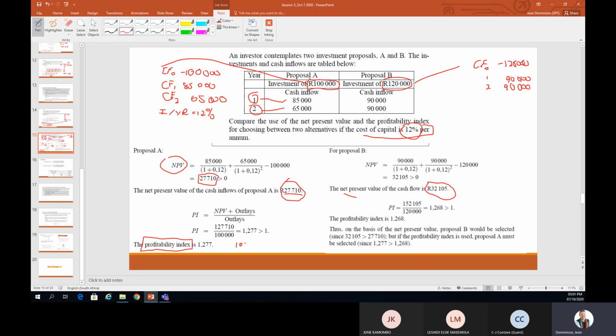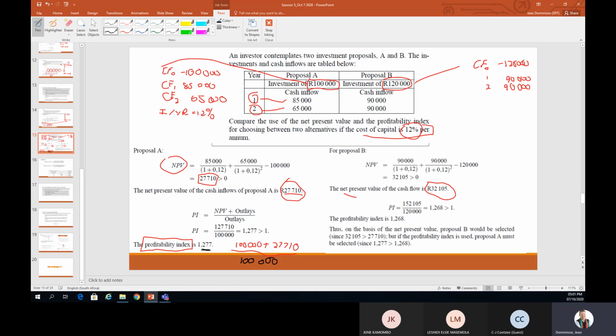Basically, the profitability index asks, what was your investment? It was 100,000. What was your net present value, the extra that you made? It was 27,710. Let's divide it by the original amount.